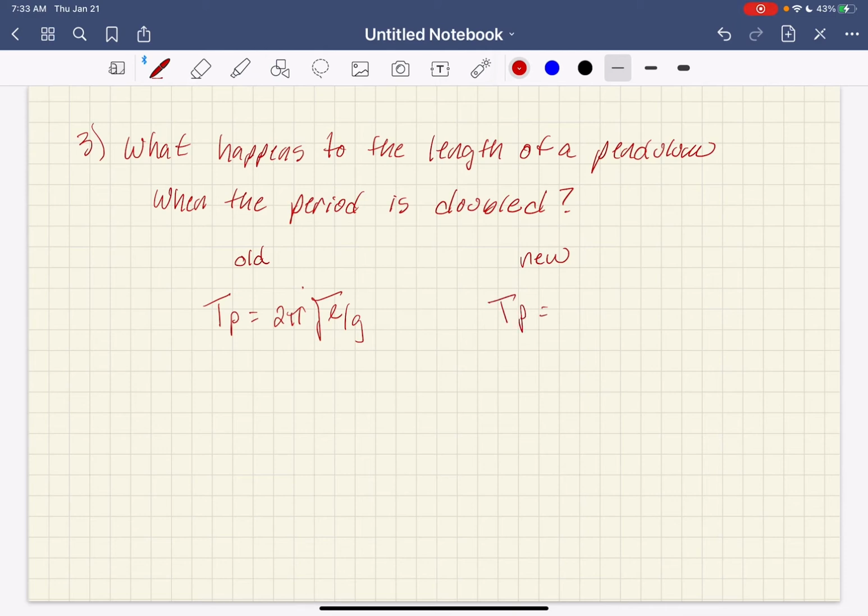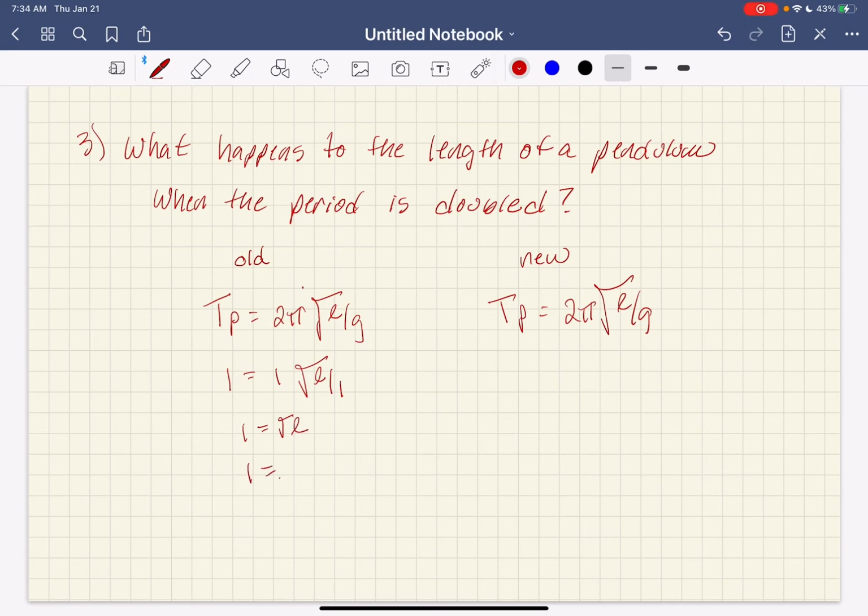So I'm going to write the equation for my old and my new. All right, so my period is 1. 2 pi stays the same times the square root of L over 1. So we can see that 1 equals the square root of L.